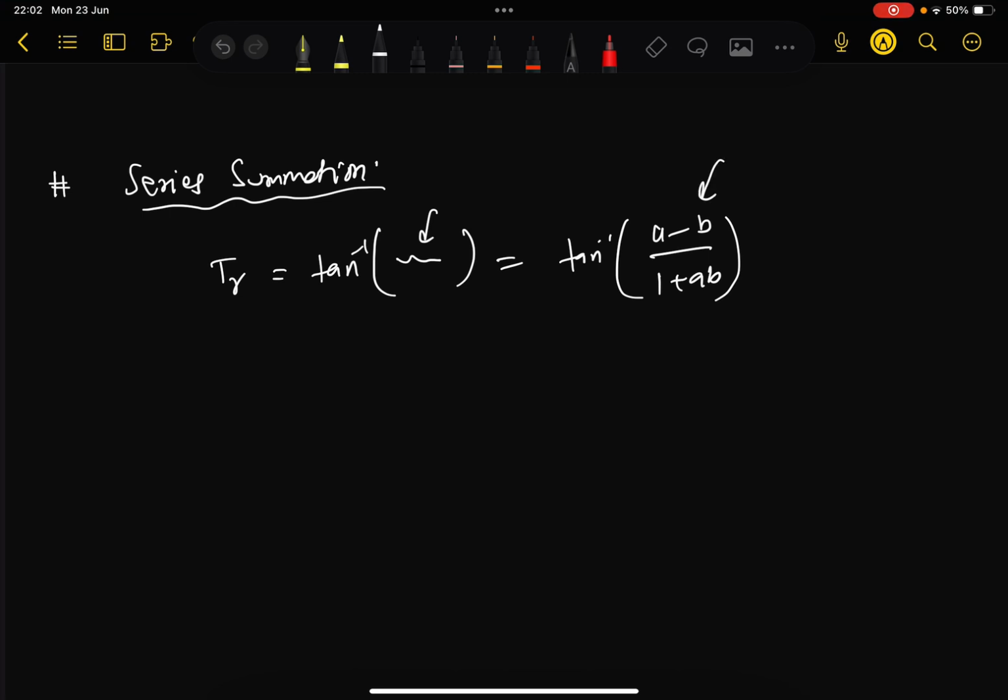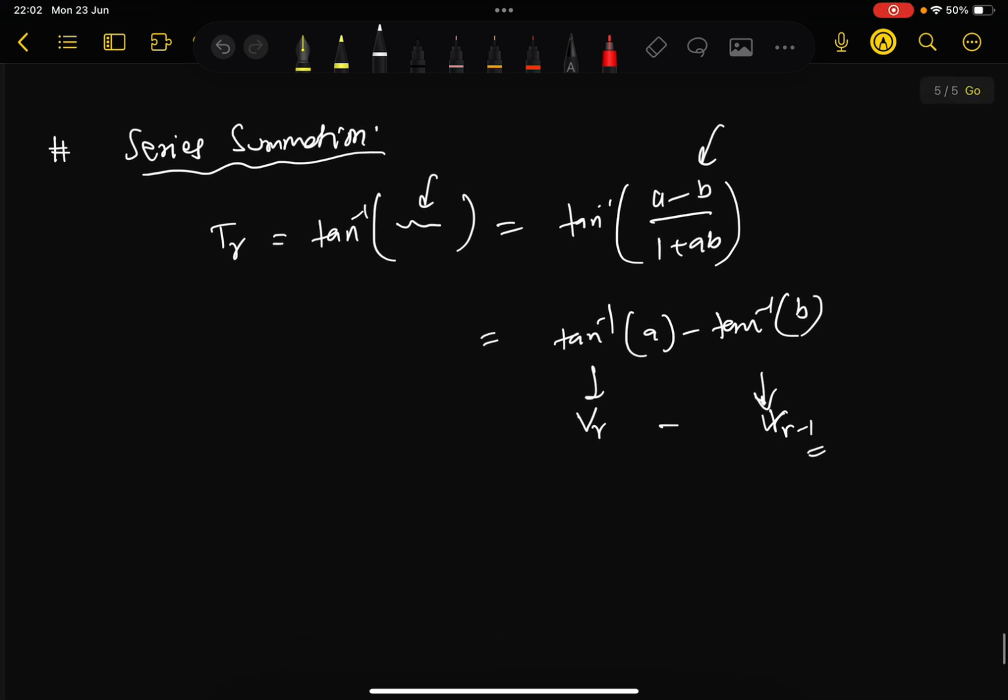After converting in this form, we can directly write tan inverse a minus tan inverse b, right? So this term will become, suppose, vr, and this term will become vr minus 1, with a minus here.